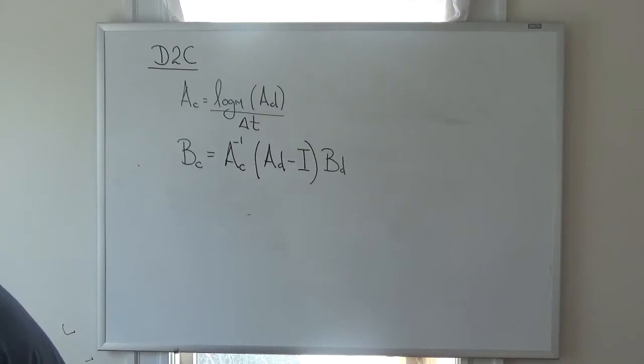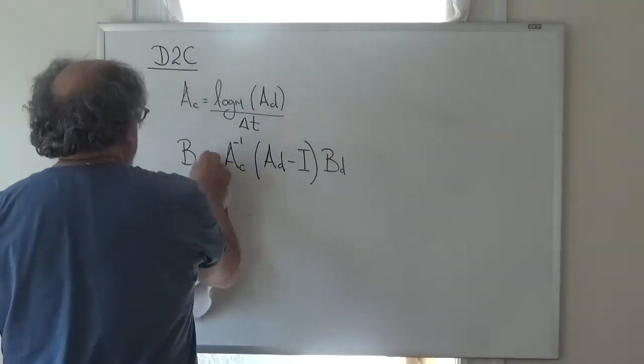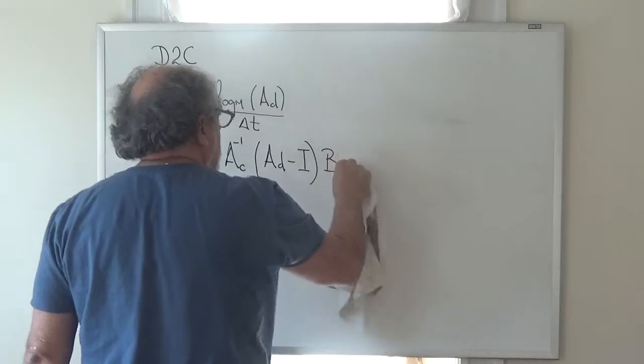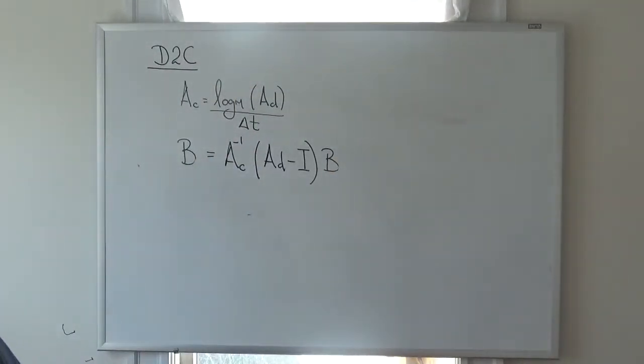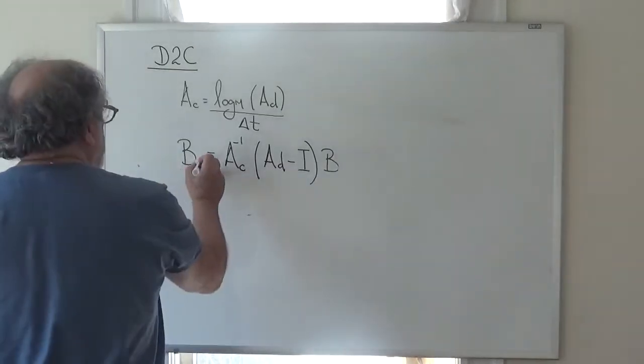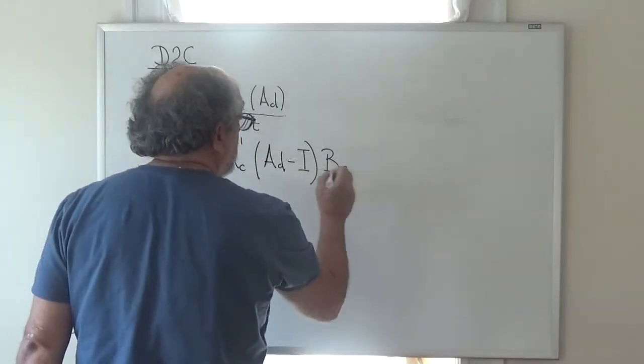Right, this is the formula that I checked, the formula for B discrete in terms of B continuous.